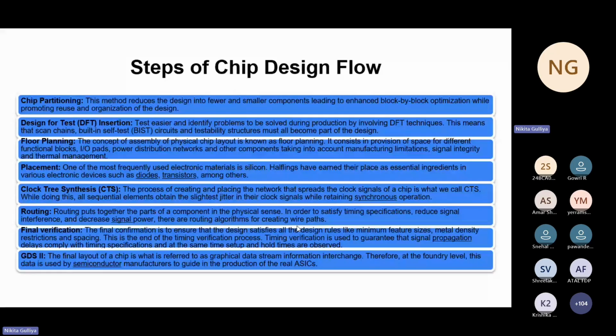This starts with floor planning, followed by placement, clock tree synthesis, and routing. After routing, final verification is performed to check timing and design rules. So finally, the design is converted into GDS2 format and sent to the foundry. This step is called tape out and marks the end of the design phase. So this slide summarizes the complete chip design process.